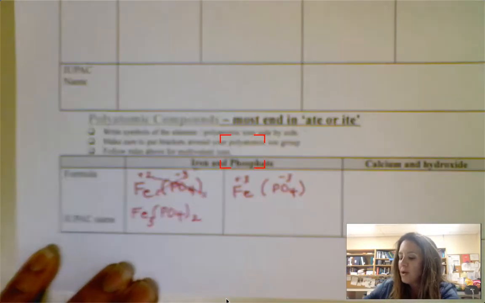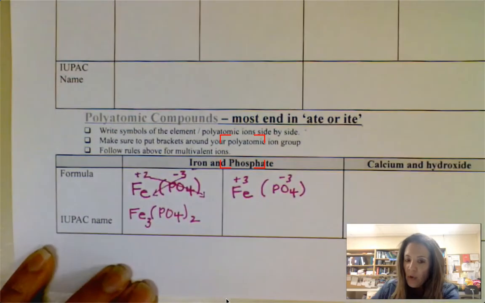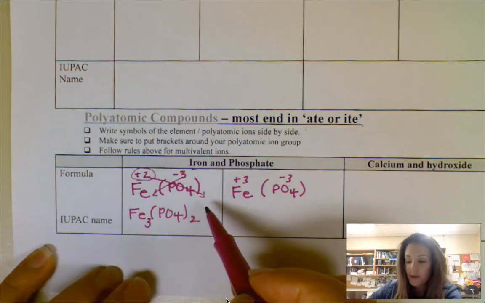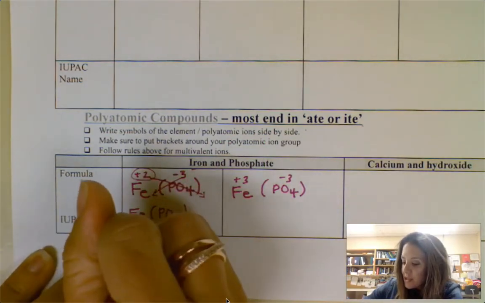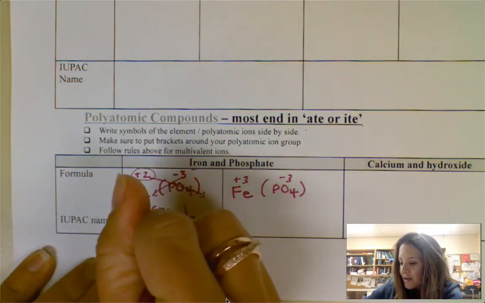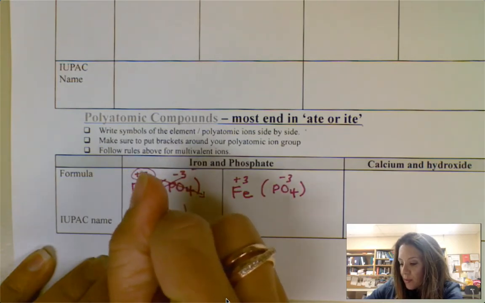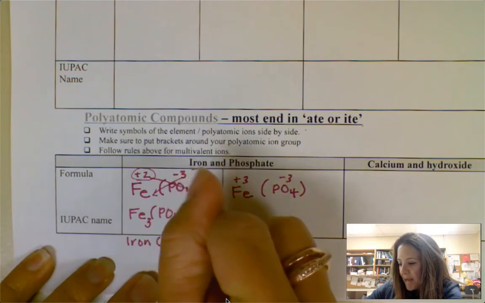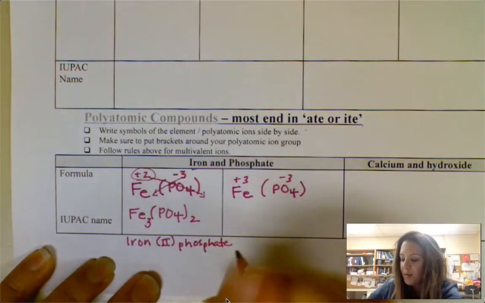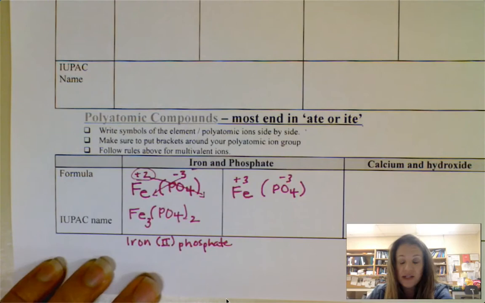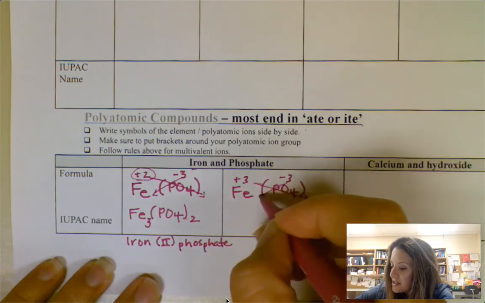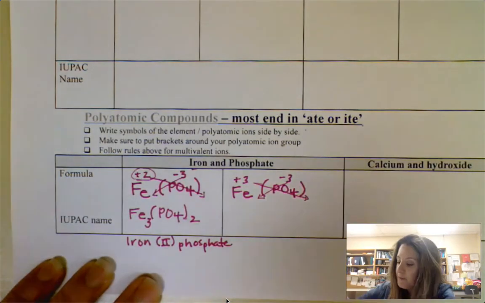When we go to name this, we have to look at the valence that was used before the crisscross happened. So this is going to be called iron(II), and we put the Roman numerals in brackets, phosphate. If you did not put the brackets around that phosphate and you just put a 2 there, it wouldn't be correct.